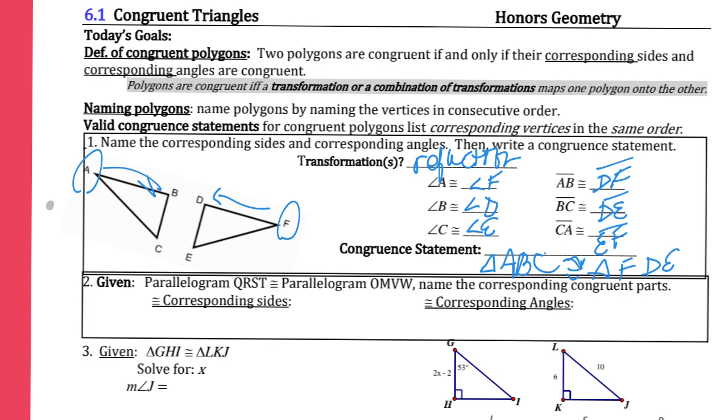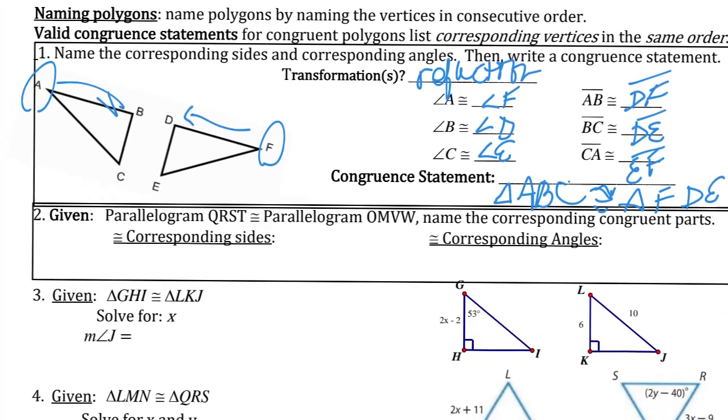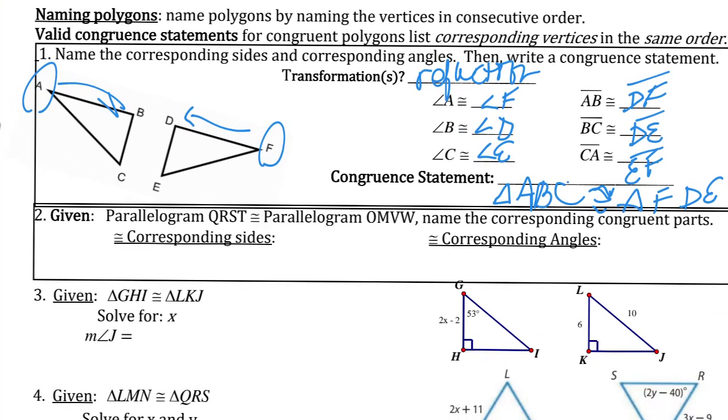And also, if someone's reading that and given that these two parallelograms are going to be congruent, if you look at the order of this parallelogram and compare it to the parallelogram over here, the order signifies not only the corresponding segments, but also the corresponding angles. So in this one, the first two letters would be QR, so QR is going to be congruent to OM.